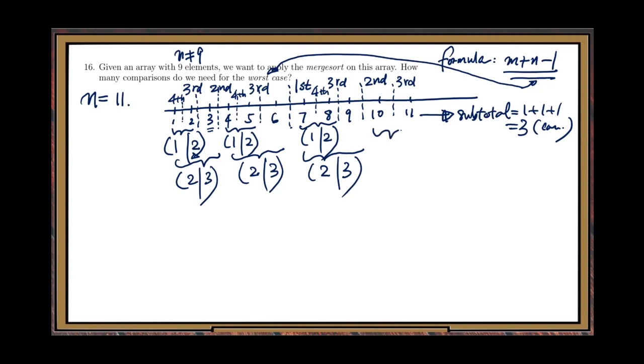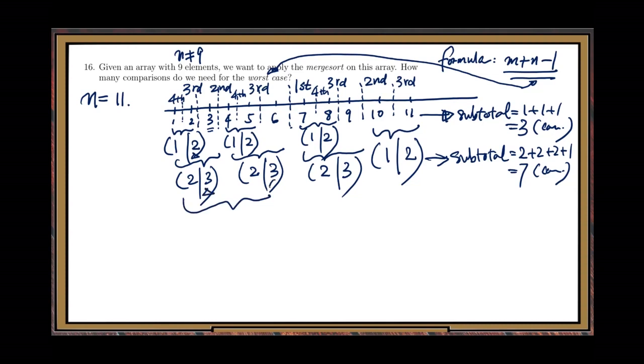Here, 1 and 1, so that's 1 vertical bar 2. So now the subtotal: 2 plus 2 plus 2 plus 1 equals 7 comparisons. Next round, merge.